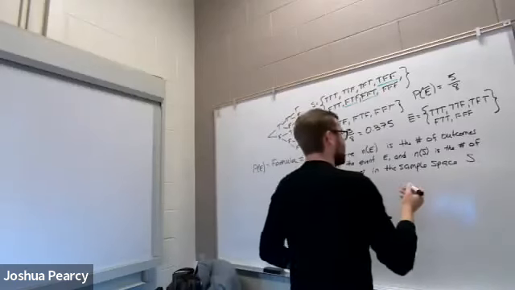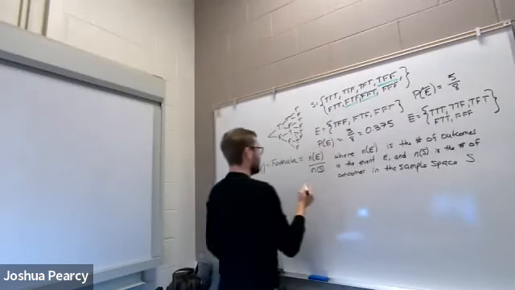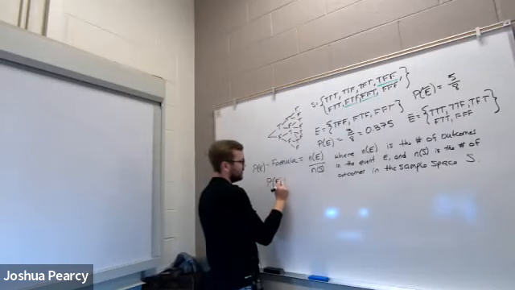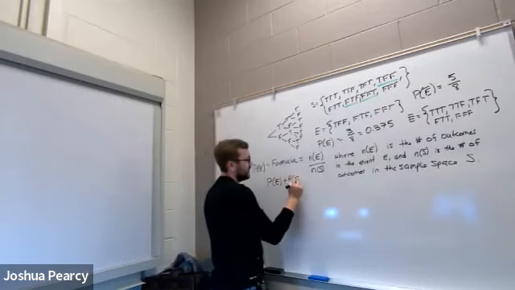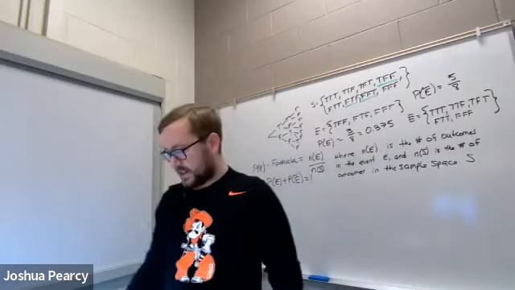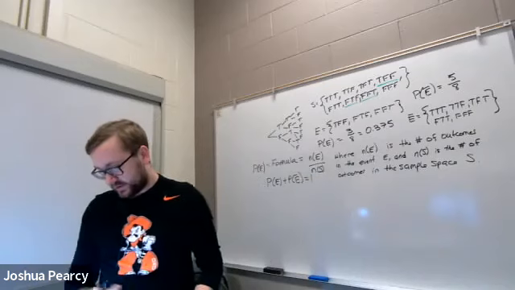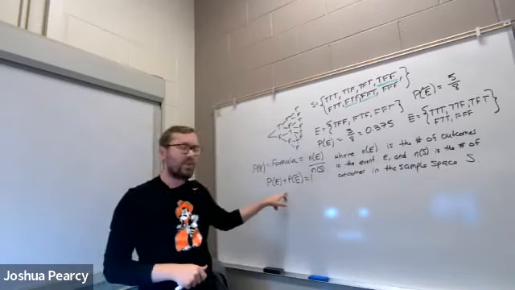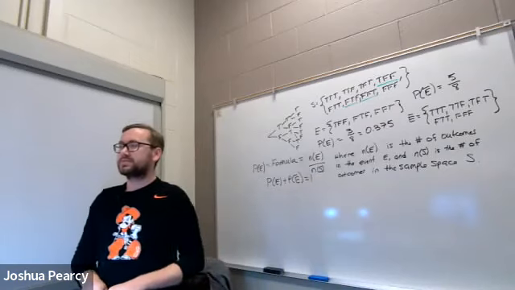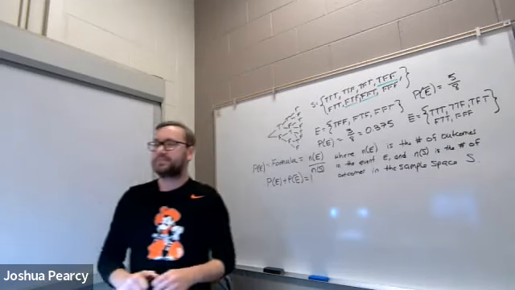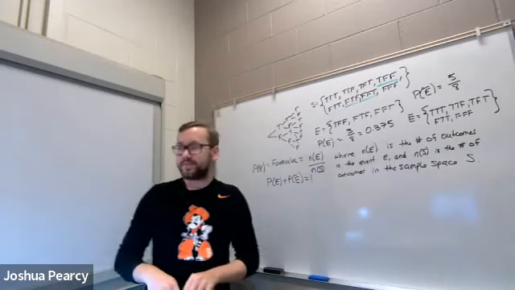And the probability of those two added together should give me 1. So that implies the probability of E plus the probability of E bar is 1. Know that formula. It will guaranteed pop on the first exam and probably your final.